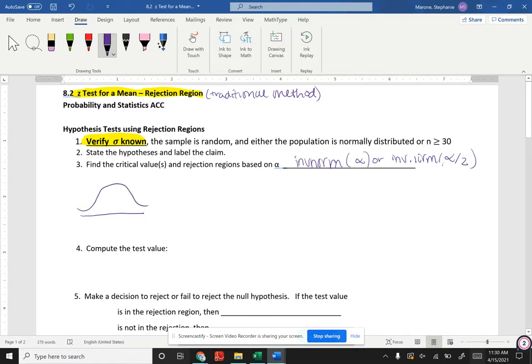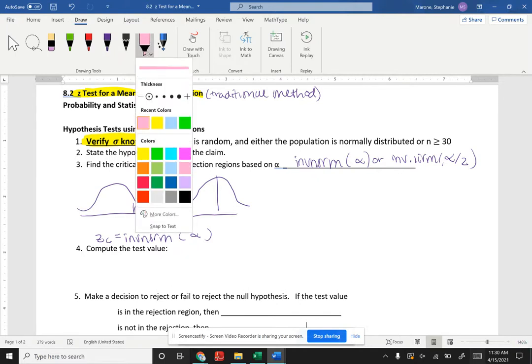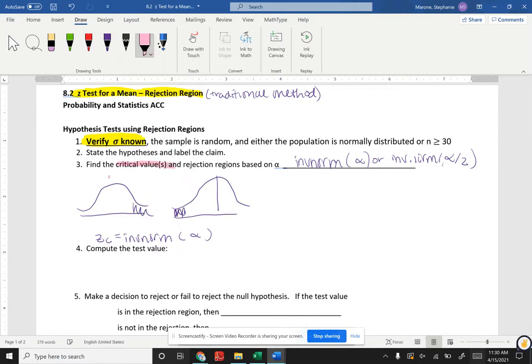If it is a one-tail test, if it's right tail or if it's left tail, we use the inverse norm of alpha to find the critical value. So the critical value is Z sub C.